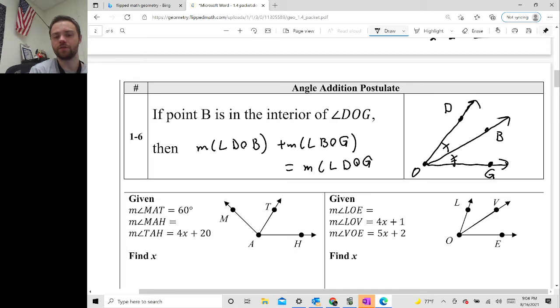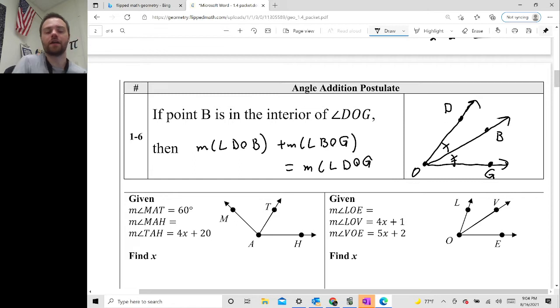So it just means if you've got two angles, if you've got a big angle like this MAH here, that means the measure of MAT plus the measure of TAH is going to add up to be the entire angle MAH.